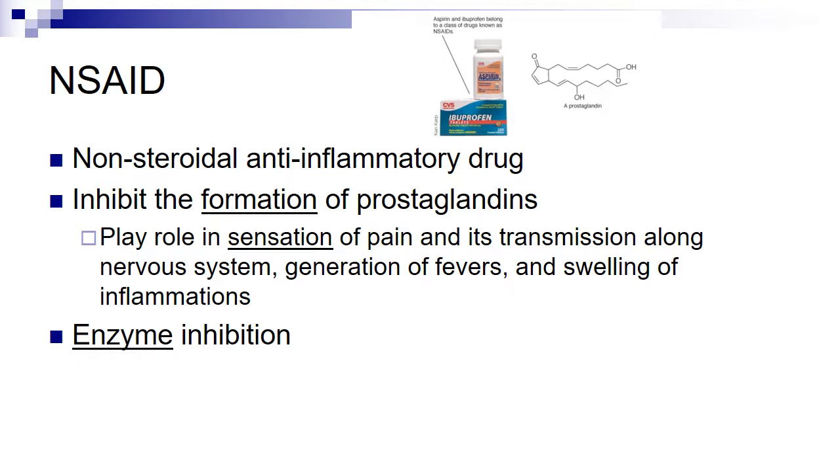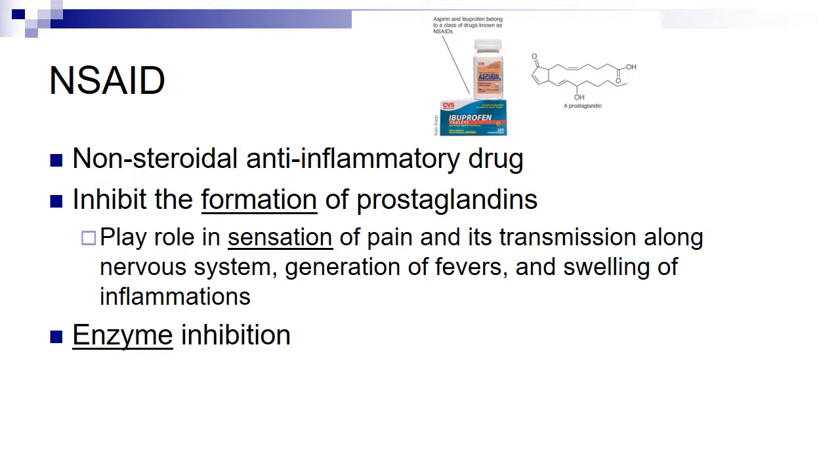Now, prostaglandins were first discovered in, yeah, you guessed it, the prostate gland. However, prostaglandins are actually in virtually every tissue and fluid in males and females. So they participate in almost every bodily function. They play a role in the sensation of pain and its transmission along the nervous system, the generation of fevers and swelling and inflammation.